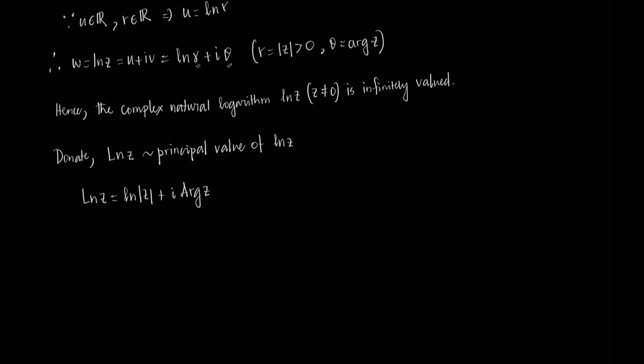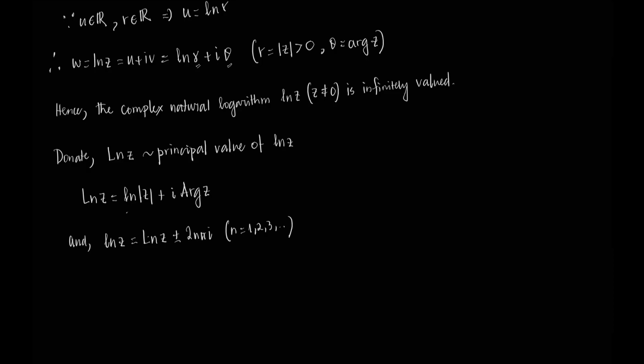This theta is basically the argument. When that theta becomes the principal argument, then we call it the principal logarithm. And any other logarithm, a general log z, can be defined as the principal logarithm Log z plus or minus 2n pi i, where n equals 1, 2, 3, and it goes on.